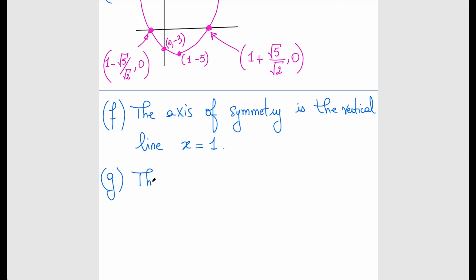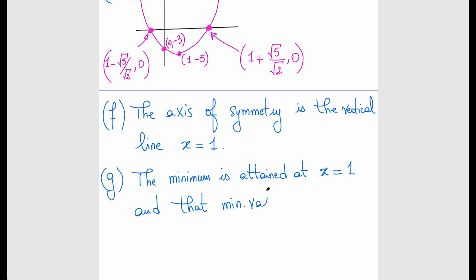So the minimum is attained at x equals 1, and that minimum value is the function acting at this 1, this h, which happens to be k, and k is -5, right?